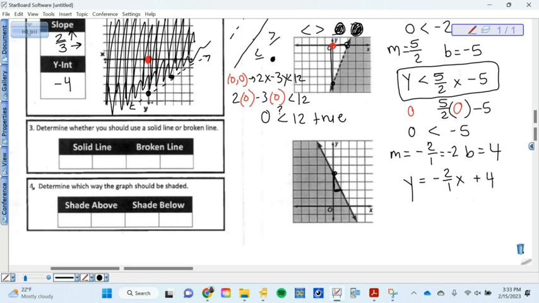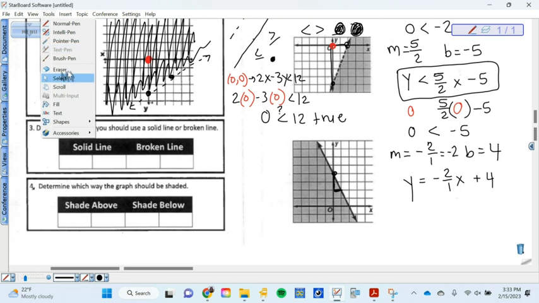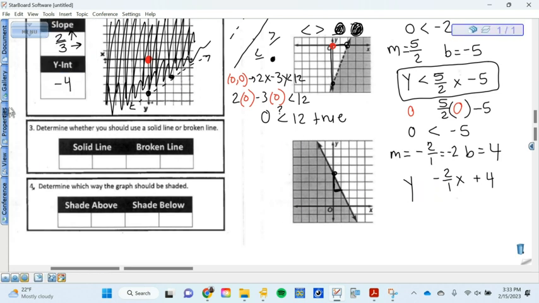Excellent. Okay, but I got to change out that equal sign, right? It's not an equal sign. So I have 4 options to start with. Which 2 can I eliminate?